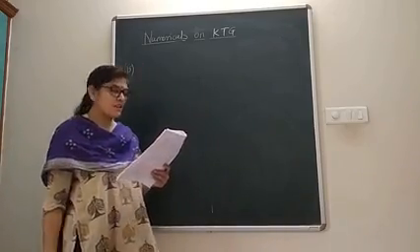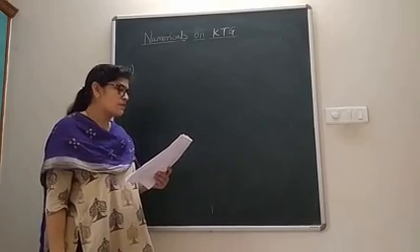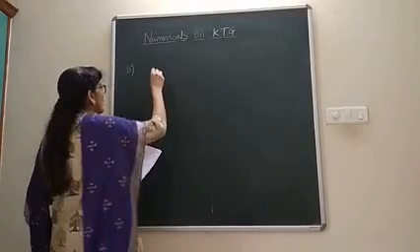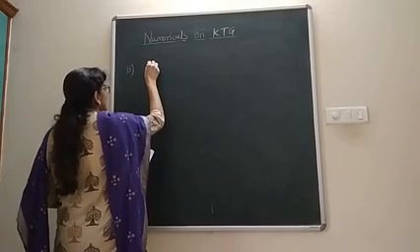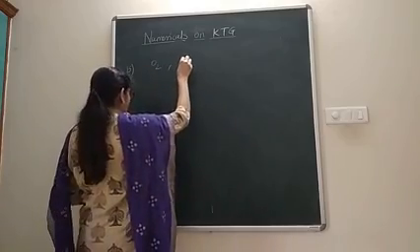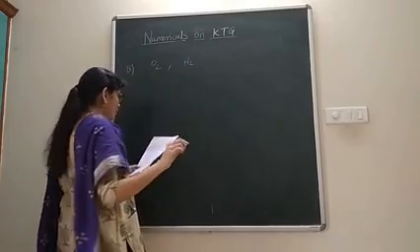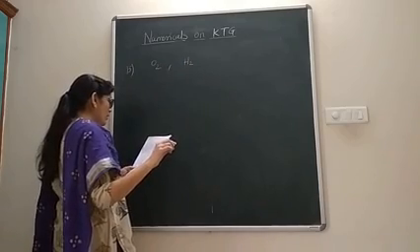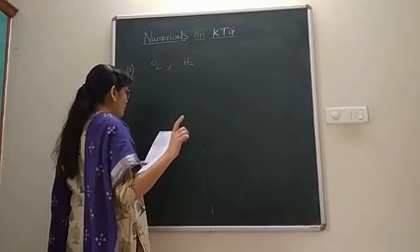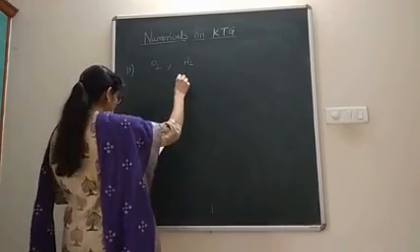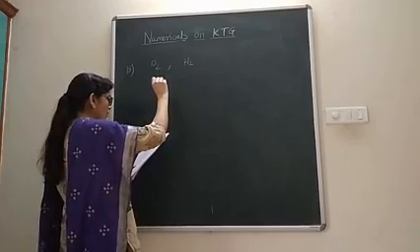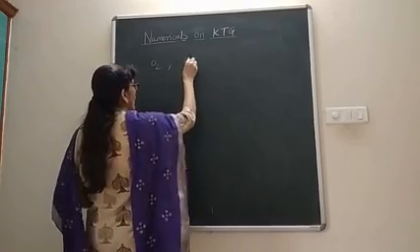Problem number 15. At what temperature will oxygen molecules have the same RMS speed as helium molecules at STP? At what temperature means you have to find the temperature. Here the molecule is helium, not hydrogen.